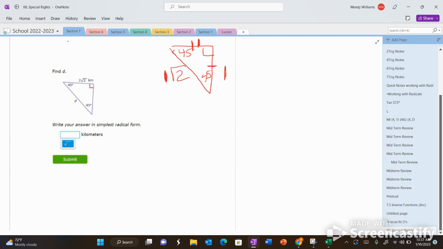Okay, over here, I'm going to do leg, leg, hypotenuse. It's a 1 to 1 relationship, so the legs are exactly the same, or a leg compared to the hypotenuse takes the leg and multiplies it by the square root of 2.